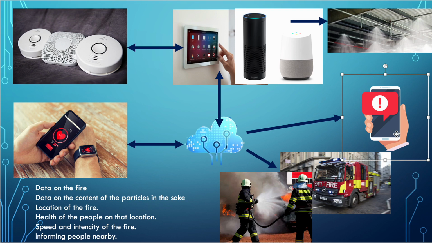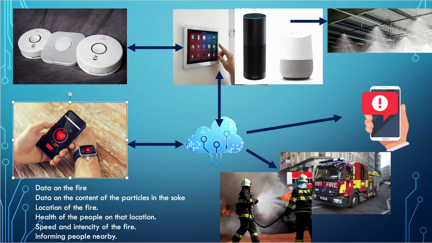Another device that can come into play in the Internet of Things is health monitoring devices. If there are health monitoring devices used by the people who are working in the building, like a smartwatch, that particular data can be used to check the health of the people who are near the fire and who are in the building, right?